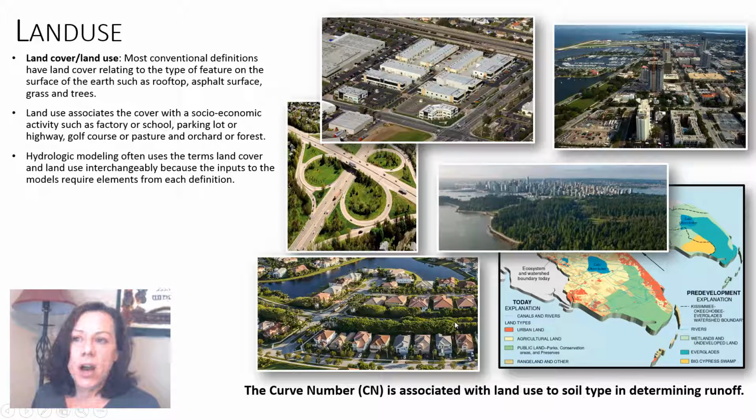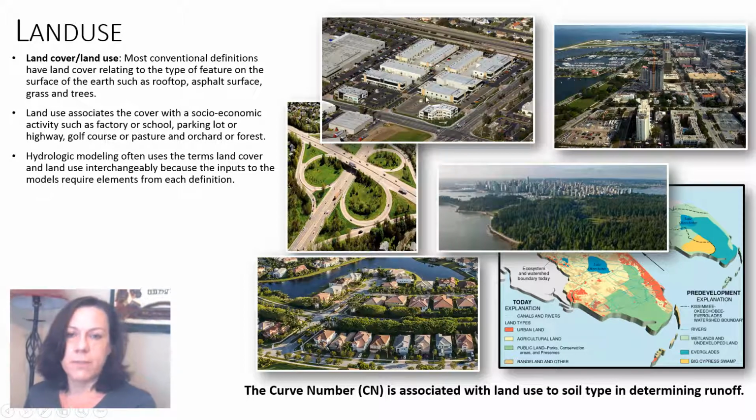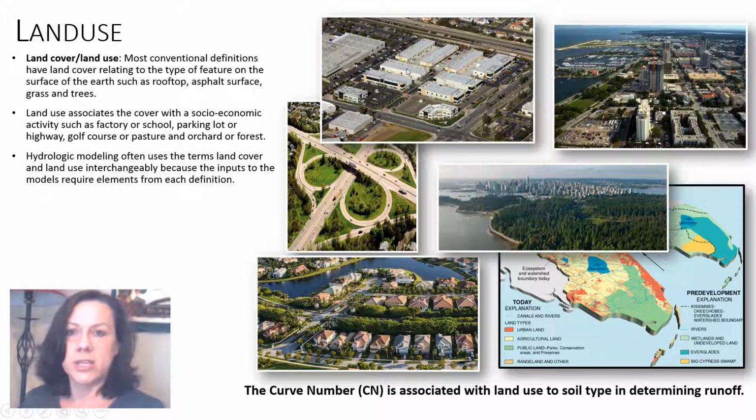Now, the thing that we're talking about here is the curve number. It's associated with the land the development's being used for, and the soil type that it's sitting on. So if I've got soils that drain really well in an area that's residential, the curve number might be a little lower than, let's say, we have a little bit of grass area on this industrial park.